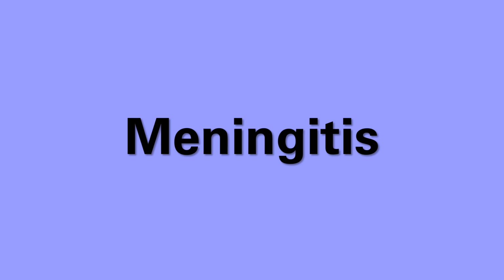In patients aged 1 month through 18 years, the most common pathogen is Neisseria meningitidis, which is associated with a petechial rash. Other pathogens include strep pneumonia and Haemophilus influenza.